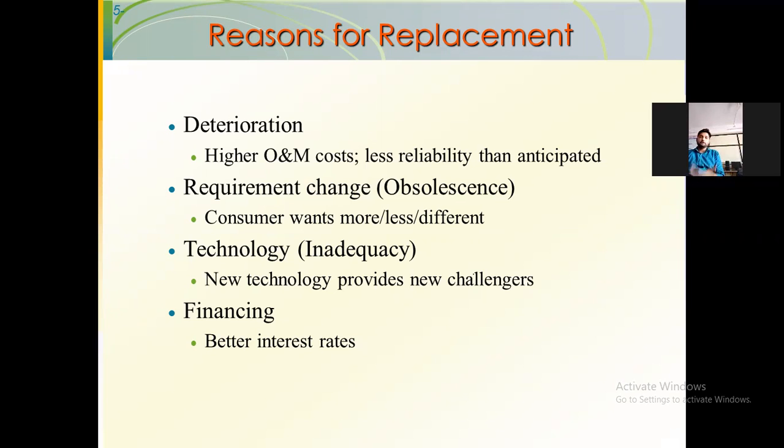At that time you think, at the initial stage I did not require these new machines, but in future when my business is expanding and I need to increase my capacity, I will require the machine. So that is one kind of reason for buying new machines and selling the older machine. A better interest rate will attract the owner to buy the new machines.